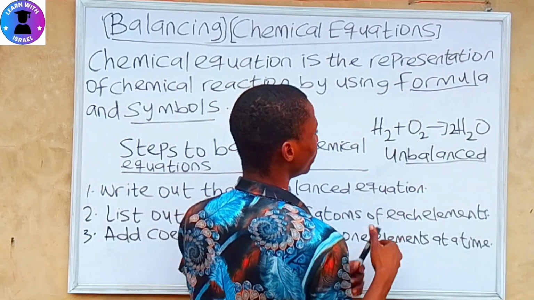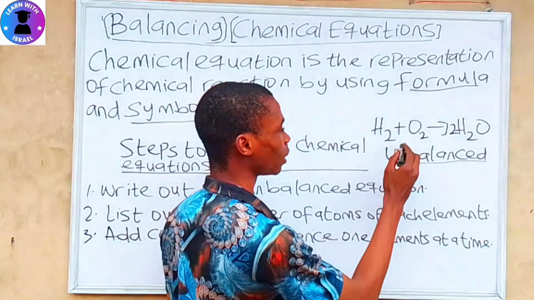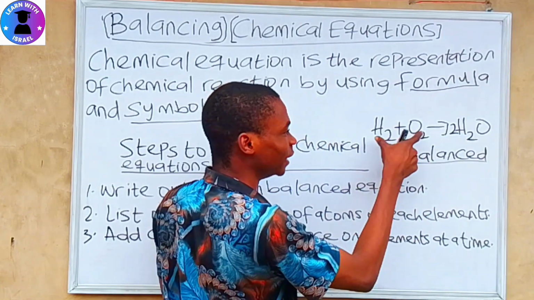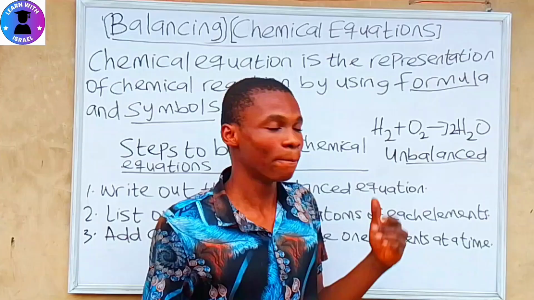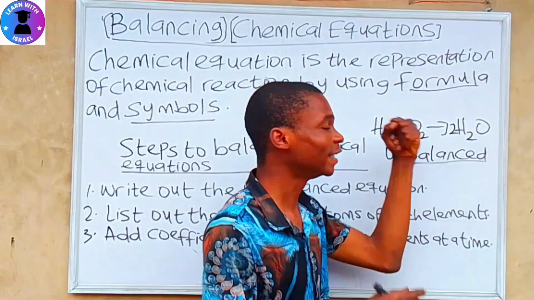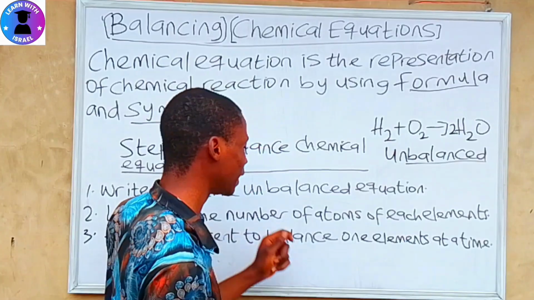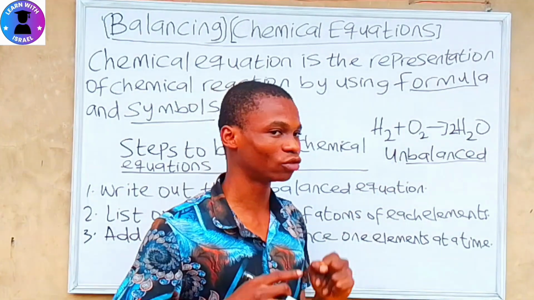By adding 2 here, we now have 2 oxygen on both sides. But if you check, we have 2 hydrogen on the left and 4 hydrogen on the right, so the hydrogen is still not balanced, but the oxygen on both sides is balanced. Because I followed this step: add coefficients to balance one element at a time, not balancing 2 elements together.